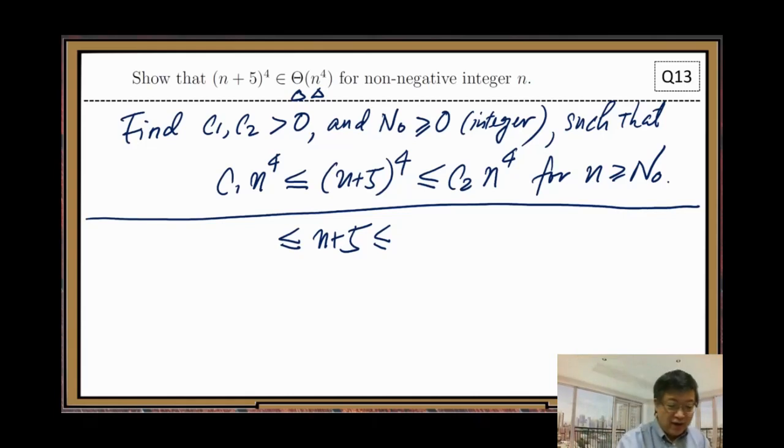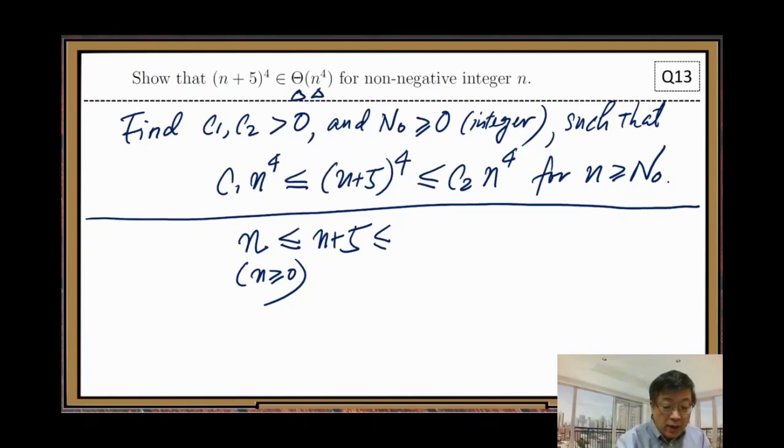So, for n plus 5, the lower bound, a multiple of n, is just 1 times n. This is true when n is greater or equal to 0, because we only consider non-negative integers. For negative integers, we don't consider them for our problem size n.